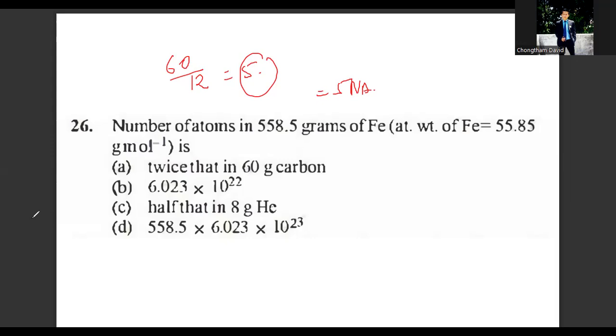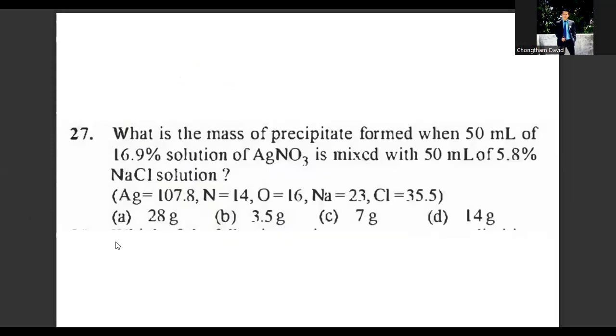Let us also read question number 27. What is the mass of precipitate formed when 50 ml of 6.9% solution of silver nitrate is mixed with 50 ml 5.8% sodium chloride solution?